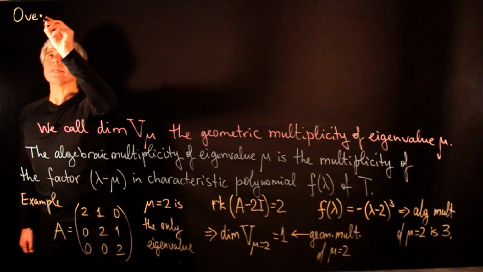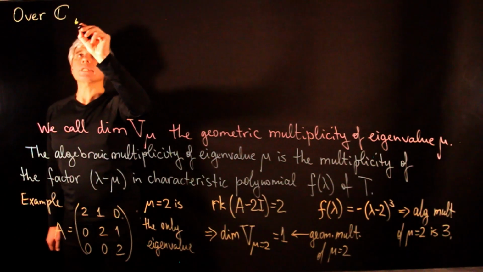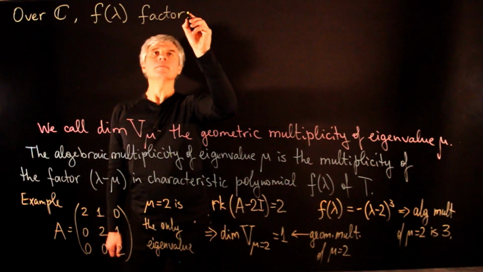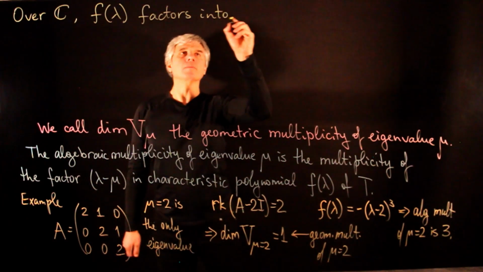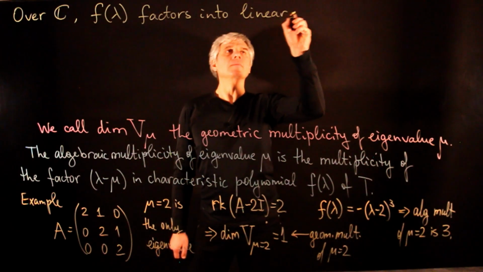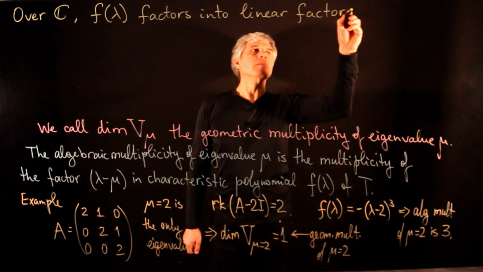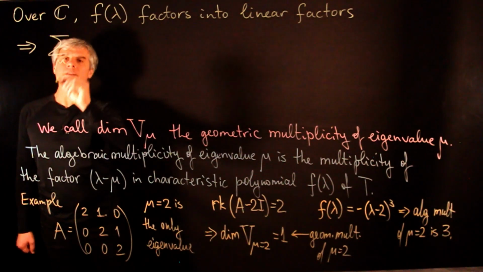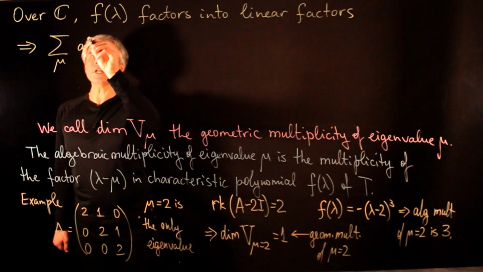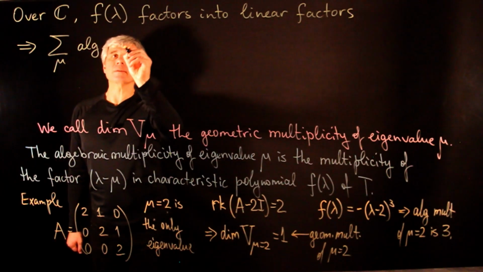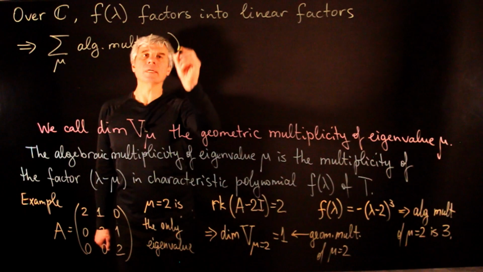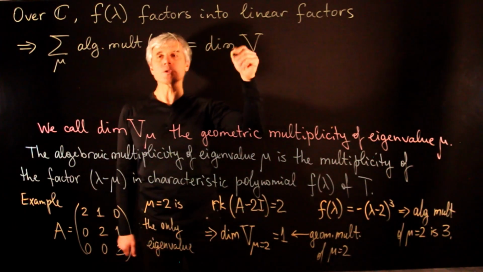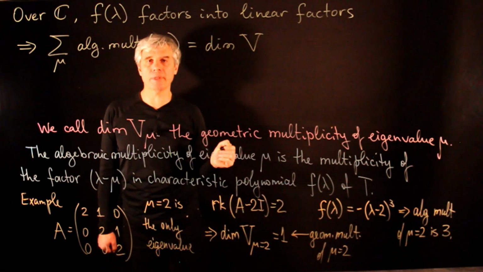Over the field of complex numbers, the characteristic polynomial f of lambda factors into linear factors. This tells us that the sum over all eigenvalues mu of algebraic multiplicities of mu is equal to the dimension of the vector space, because this is also the degree of the characteristic polynomial.